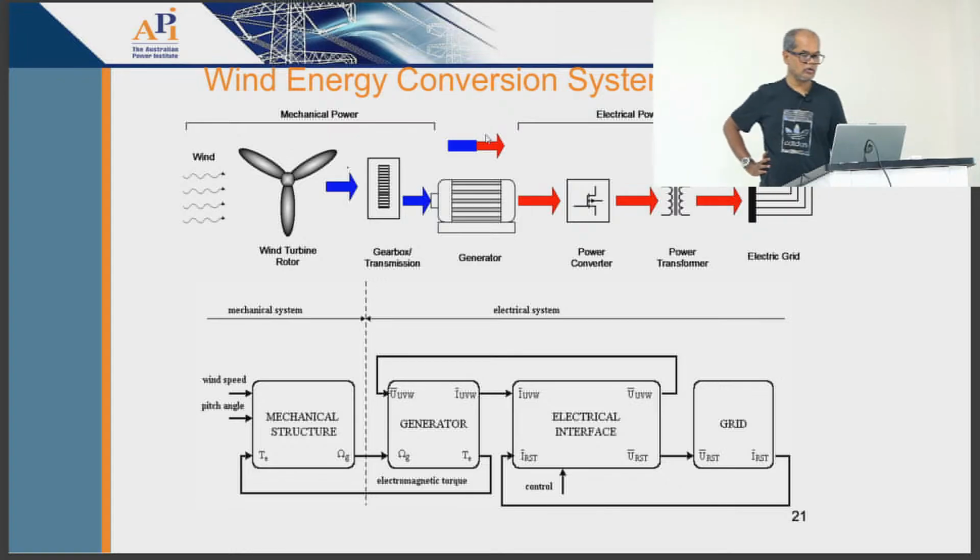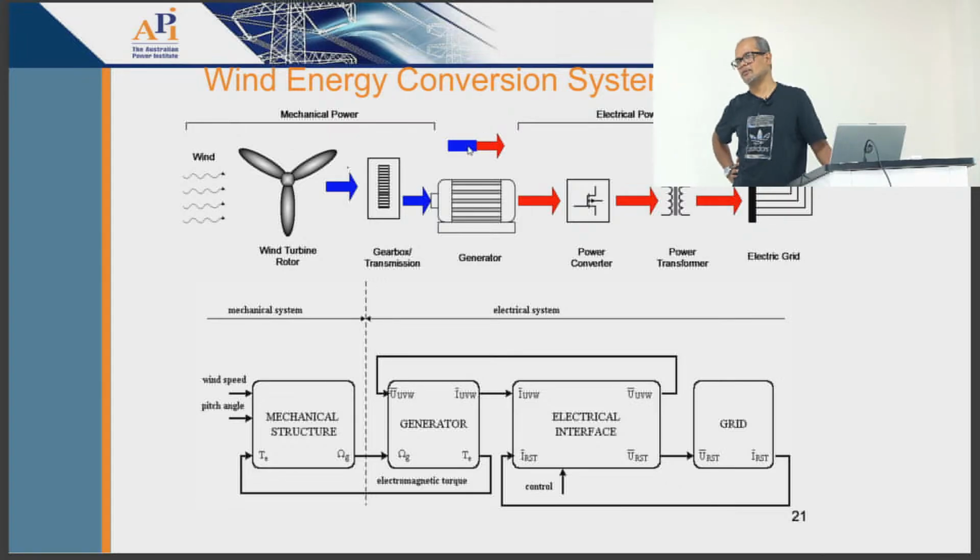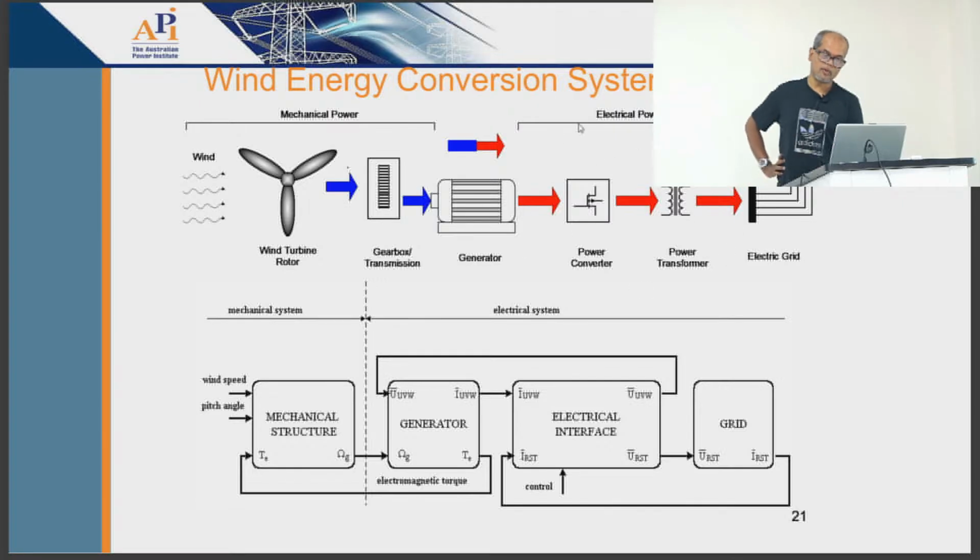Depending on which technology is used, because there are also many wind farm types available in the market, depending on what sort of power electronics inverter converter we are using, we have to model that one, and finally it's connected with the electricity grid.